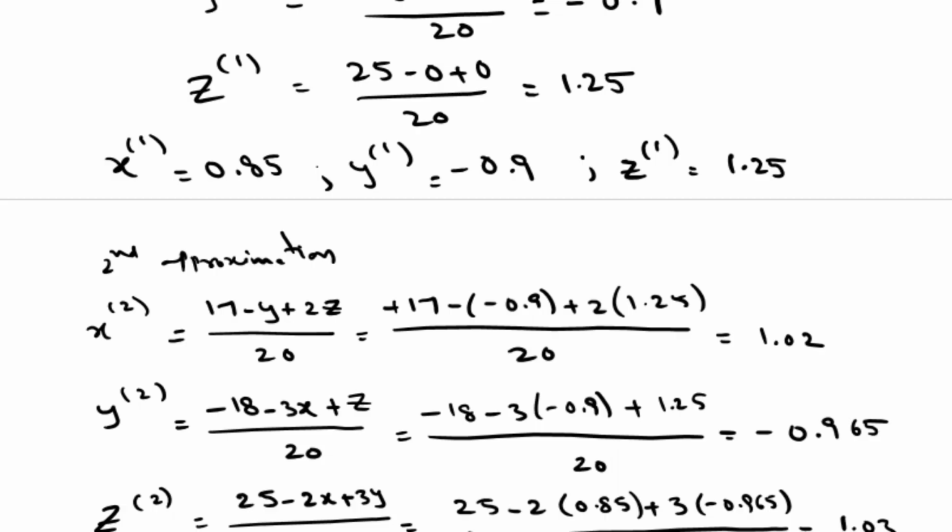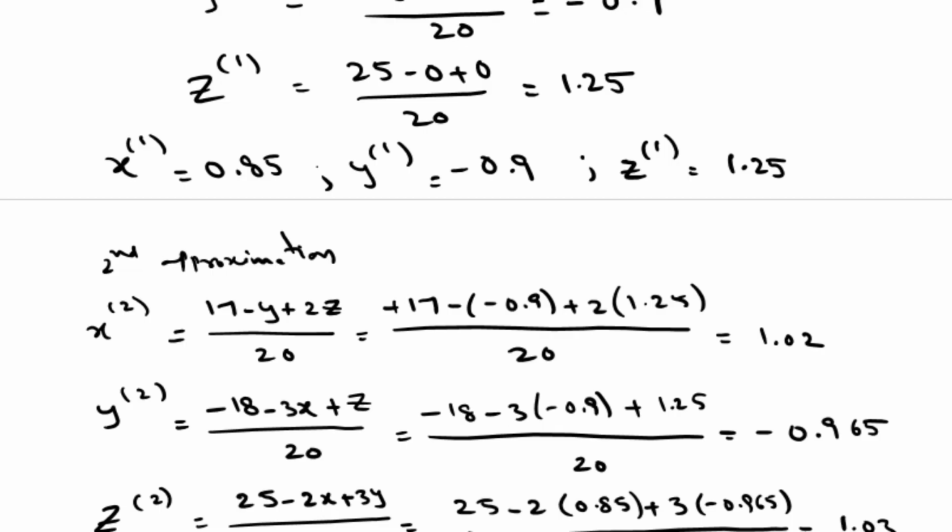By substituting x in the first iteration, which is 0.85, y in the first iteration, which is minus 0.9, and z in the first iteration, which is 1.25, for second approximation, x of 2 is equals to 17 minus y plus 2z by 20, which gives 17 minus of minus 0.9 plus 2 into 1.25 by 20, which is 1.02, and y of second iteration is minus 18 minus 3x plus z by 20.